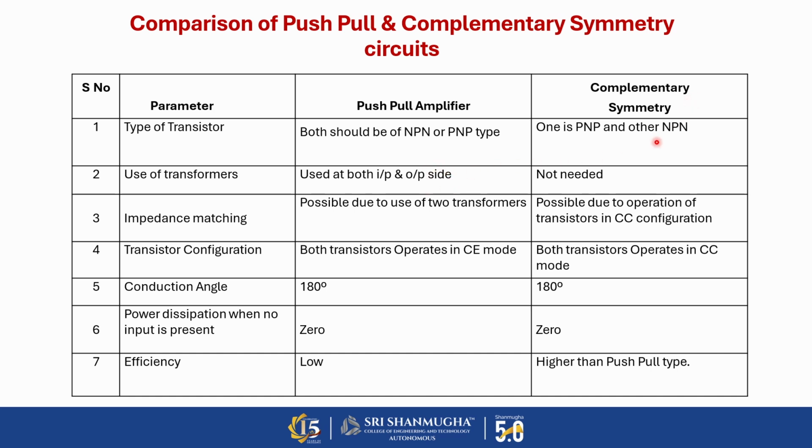In complementary symmetry, there is no need for a transformer, we use only the transistor stages Q1 and Q2. The conduction angle for both types is 180 degrees, and the efficiency is low in push-pull and high in complementary symmetry when compared to the push-pull amplifier.